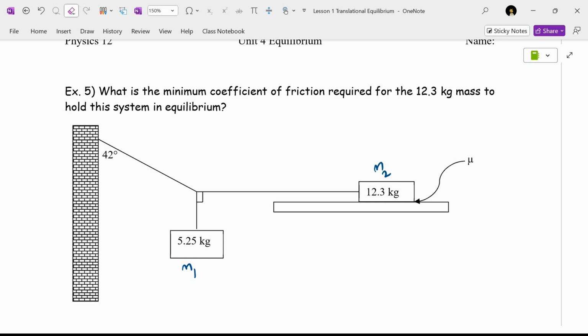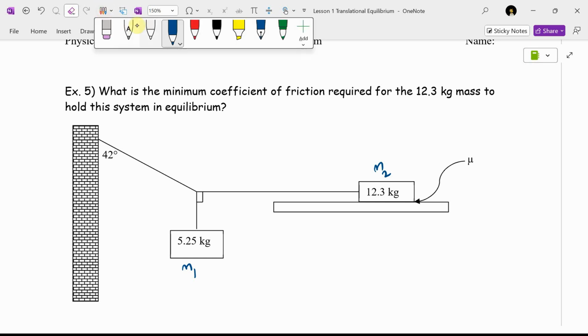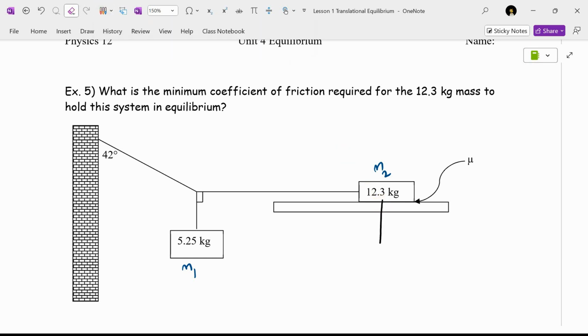Let's do our free body diagram on M2. What are the forces acting on it, Graydon? Get the obvious one. How many ropes are there? I think two, yeah? So I'll call this one tension 1. I'll call this one tension 2, or you can call it left and right.